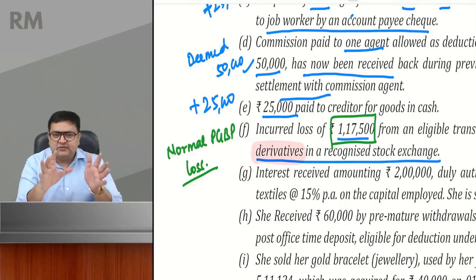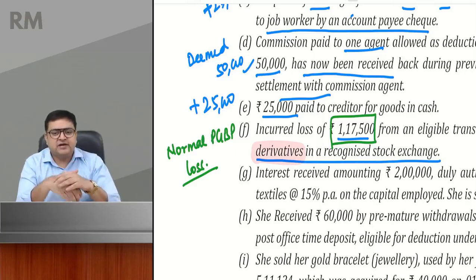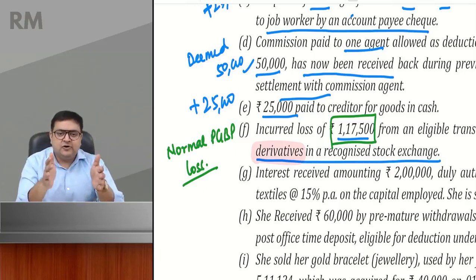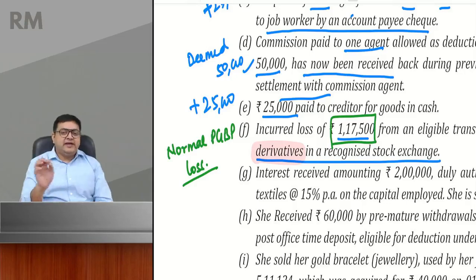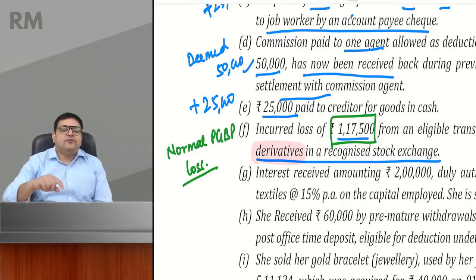Do you remember, in set-off chapter, in class, I have discussed this. It's a current year loss. Current year loss can be set off from other heads also. So this PGBP can be set off from any head other than salary; first we'll set off from PGBP, if not, from others also. Have you understood this or not? Had it not been derivative, I would not set it off from other income.